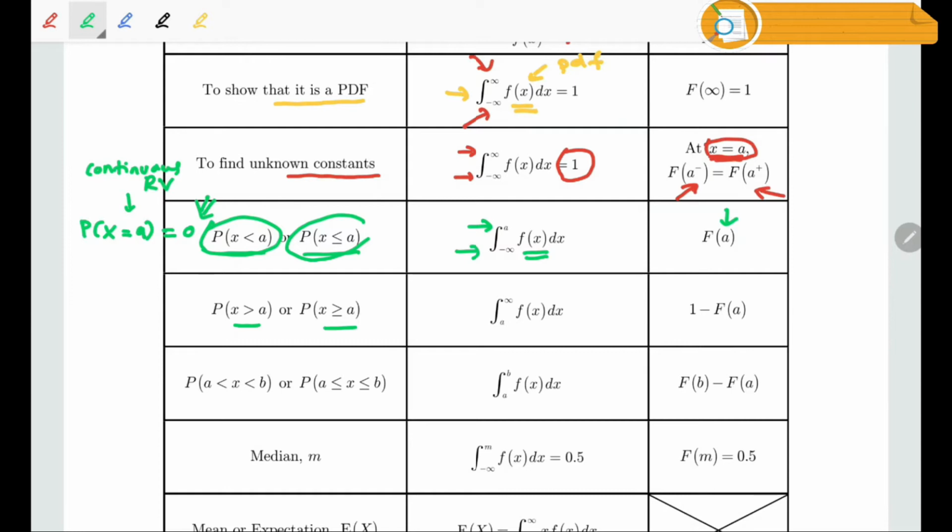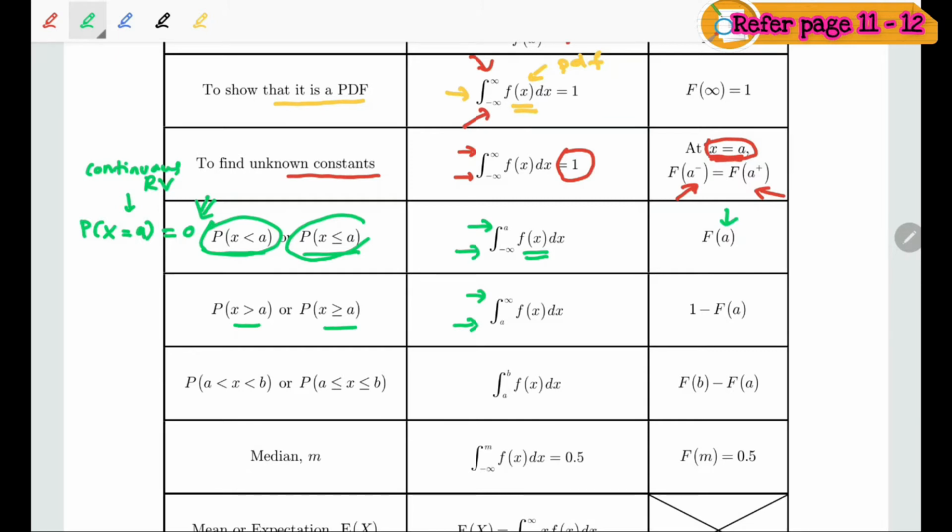For the PDF function, you just need to integrate from a until the uppermost limit, a until infinity. For the CDF, we won't directly substitute into the CDF function.